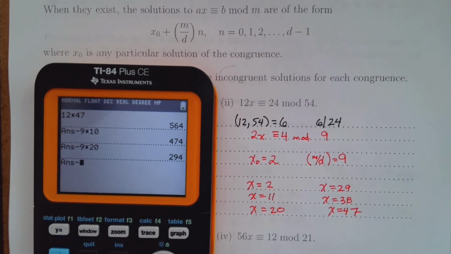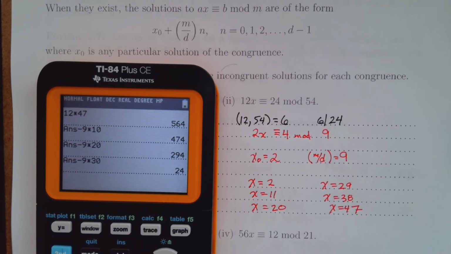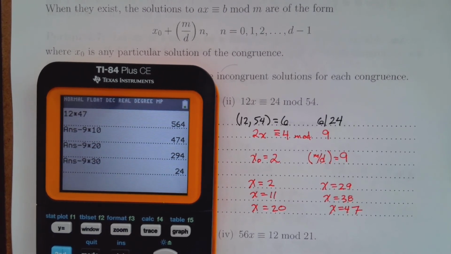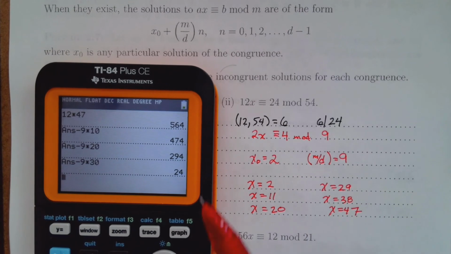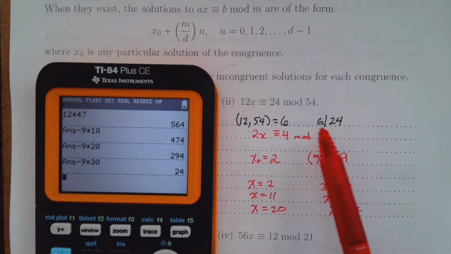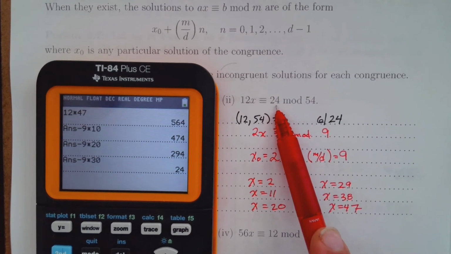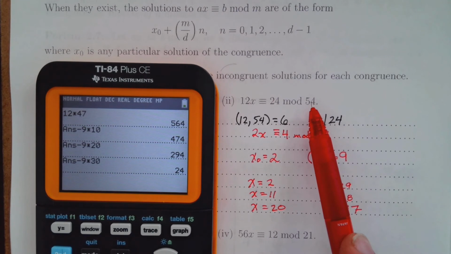If I subtract 9 times 30, that gives me 24. That is what I'm expecting to have left over on division by 54.